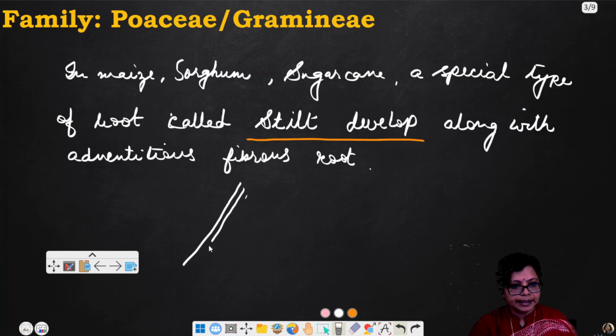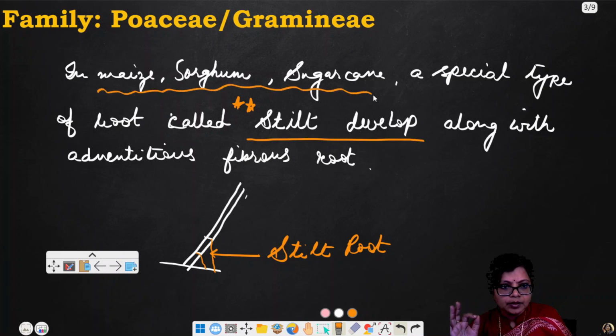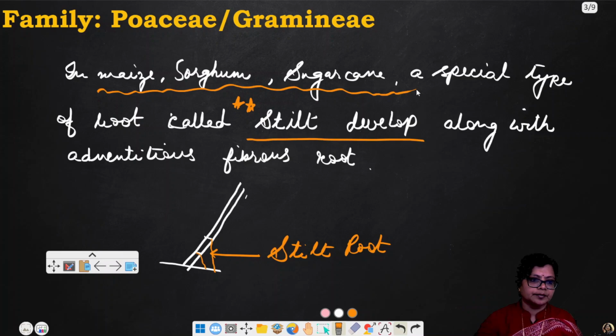If this is the stem, normal fibrous root is present, and from the nodal region a special root develops obliquely to provide extra support. This is considered as stilt root. This point to be remembered. Examples: maize, sorghum, sugarcane.